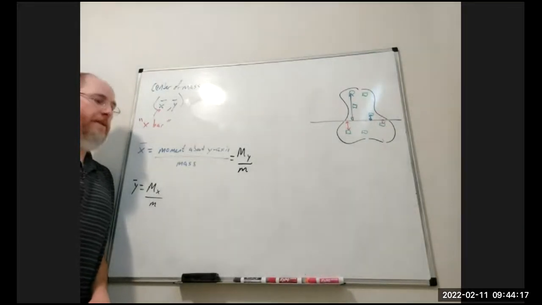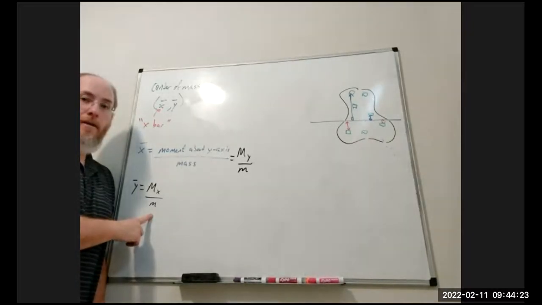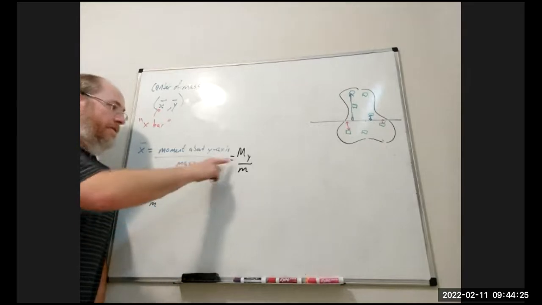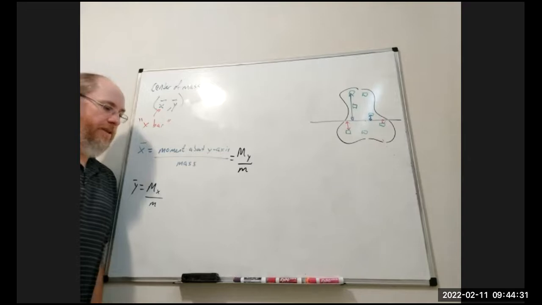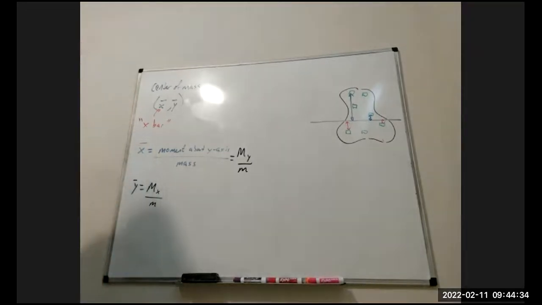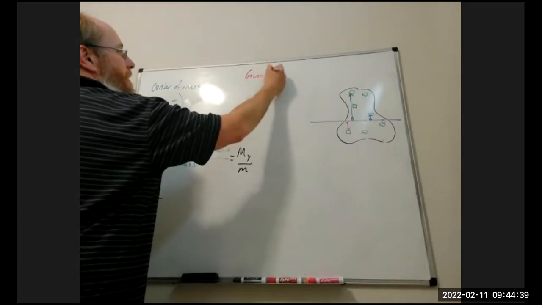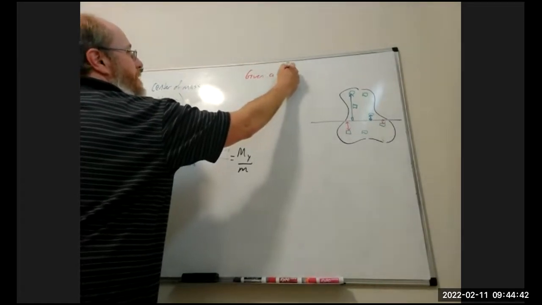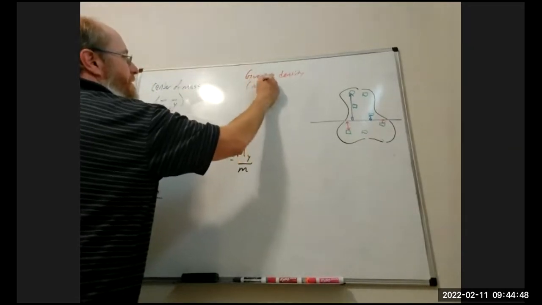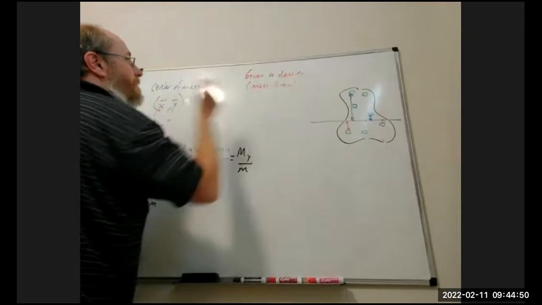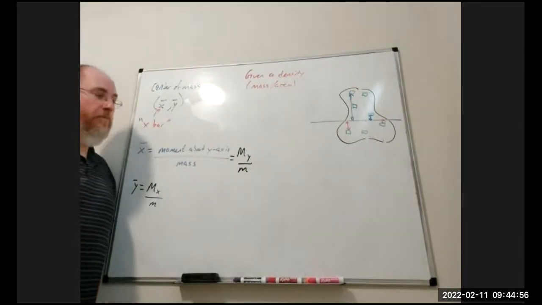So there are three things that we're going to have to calculate when we do one of these. We're going to have to calculate the mass. We're going to have to calculate the two moments. All right, so let's just start taking care of these three things. Now, the mass is actually pretty easy. For all of these, we're going to be given a density. But this density is going to be a mass per area. Okay, so for every one of these, when you get a density function, it's going to be a mass per area.